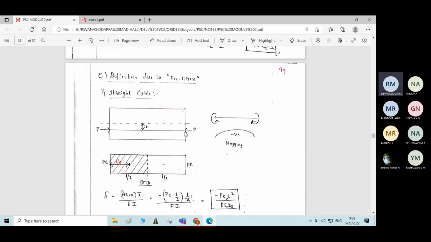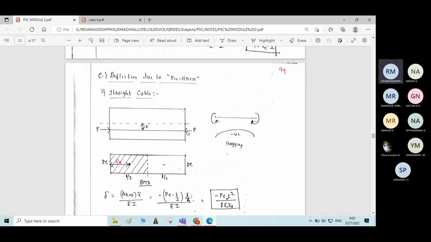If you increase the magnitude of the pre-stressing force, it will cause the deflection of the beam in the opposite direction, like this. In a hogging pattern, the deflection of the beam will take place like this.